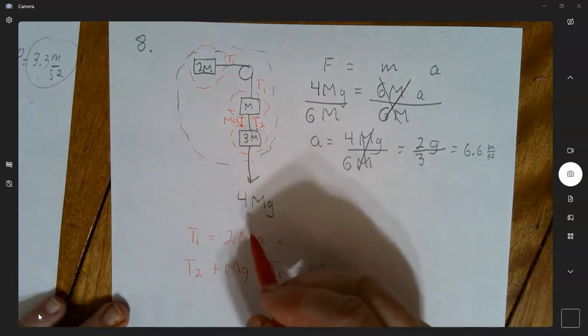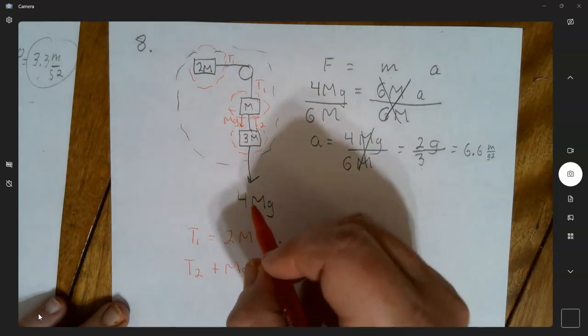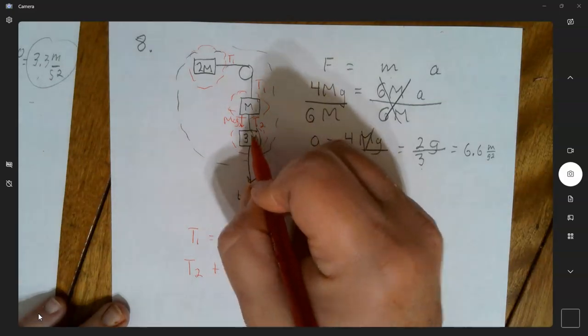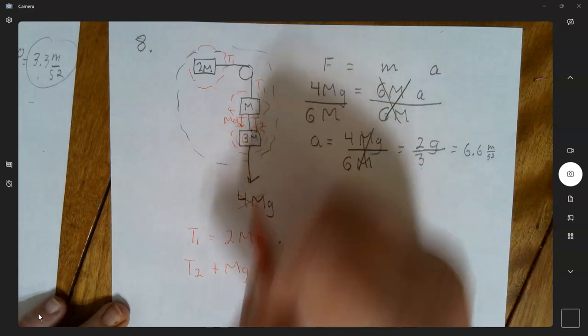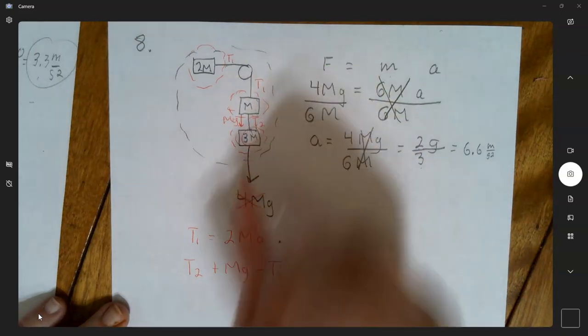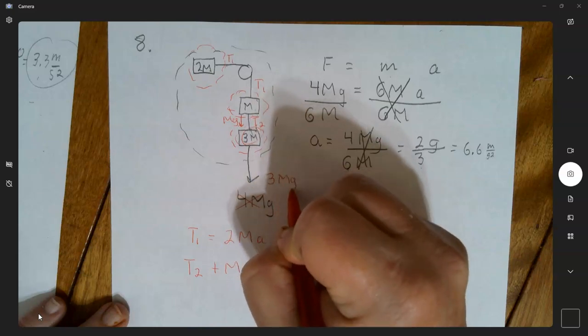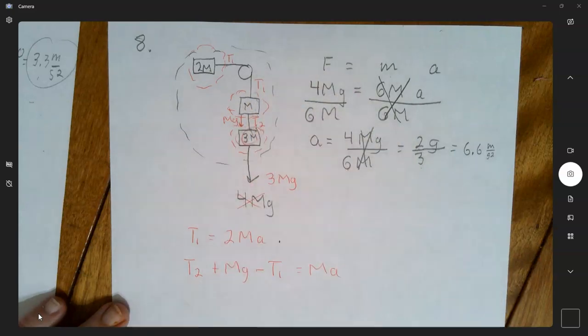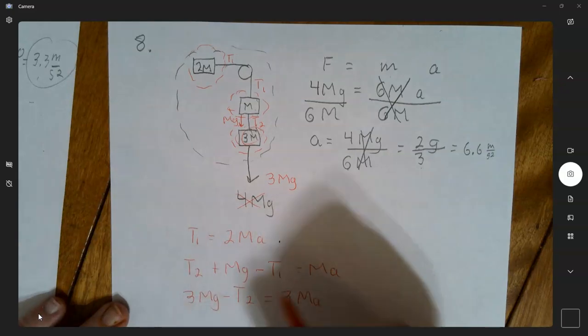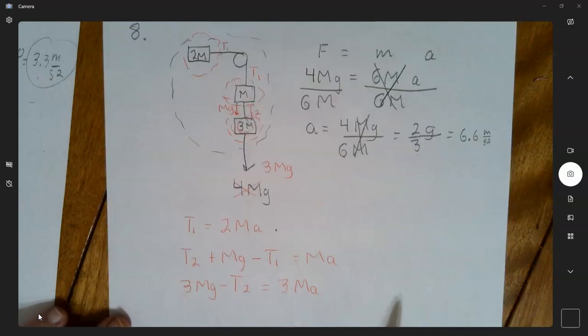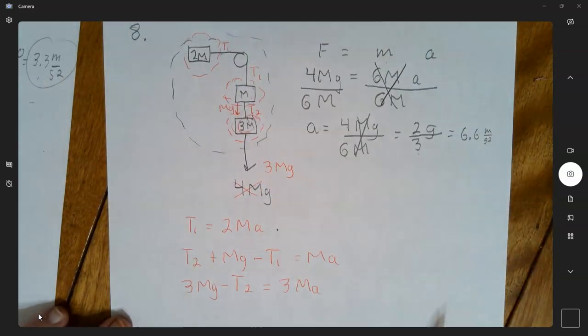This block is now not 4mg anymore, it's 3mg. We're only analyzing this particular block, so the weight is 3mg, no longer 4. You're not counting this block anymore. Again, forces on the left side of the equal sign, mass and acceleration on the right side.